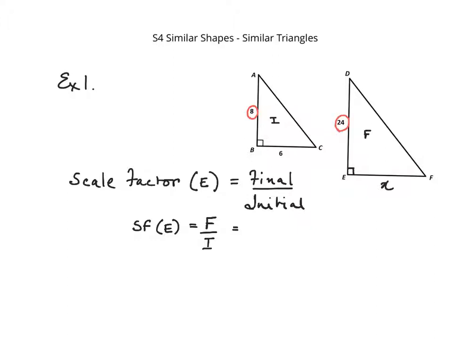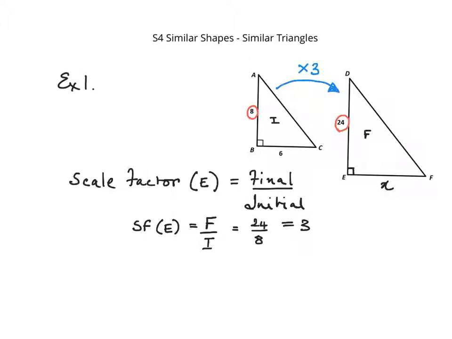I'm going to pair these two. So the final size is 24, the initial is 8, 24 divided by 8 is 3. A scale factor of 3 means that we multiply the smaller triangle by 3 in order to get the larger triangle. That's very useful because it allows us then to work out x.